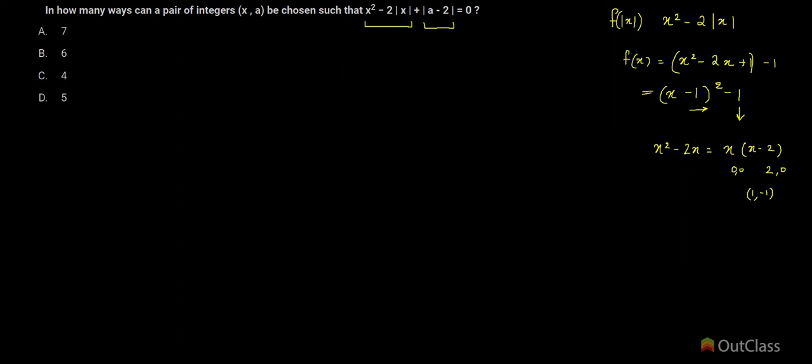Now this can be roughly plotted. My y = f(x) is going to look like this. You have (0, 0), (2, 0), and the lowest point (1, −1). It's going to look something like this.